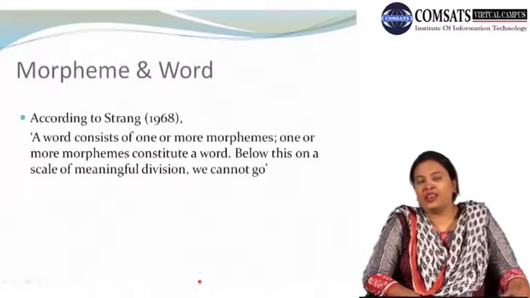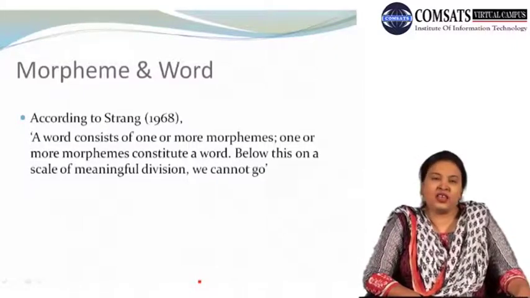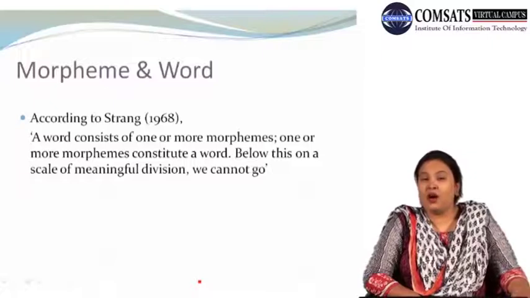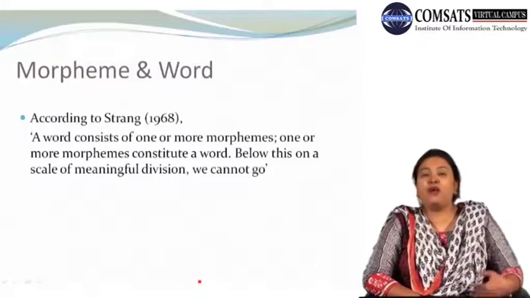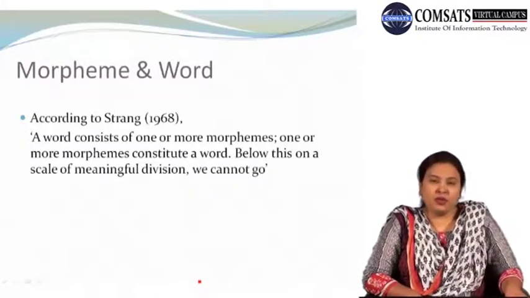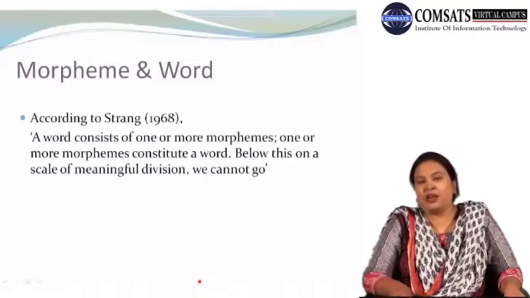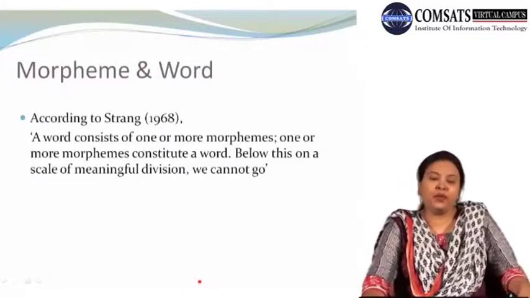Can you further divide childish, saying ch is one and l is one and d is one and ish is one? No, not possible, because ch does not have any meaning, and l individually does not have a meaning. A morpheme is the smallest unit, but at the same time it is a meaningful unit. It has meaning, or it creates some type of meaning.